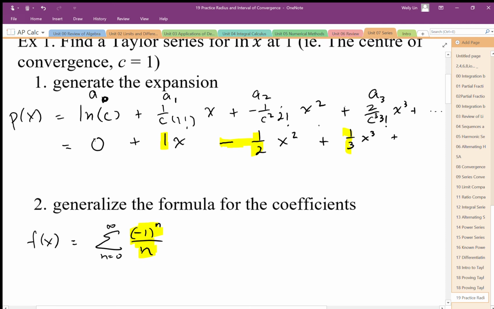N equals 1. No, sorry, I need to do n minus 1 or let's do n plus 1 since we don't want to go 2. Okay, so n plus 1. Okay, so that's going to give us alternating terms with the right positives and negatives. And then it's going to be x to the power n as the power series part of that. Okay, just double checking when n is 1.